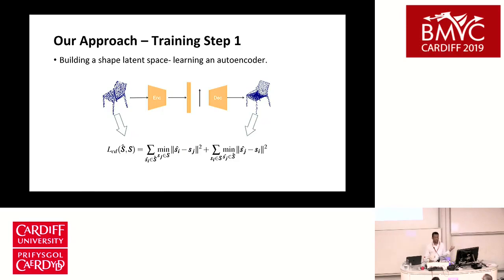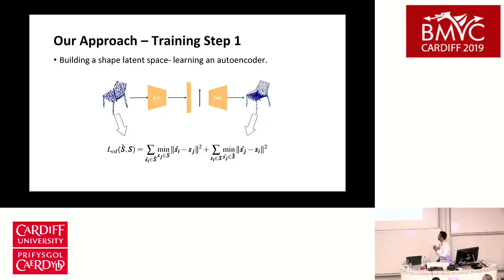It takes 3D point cloud as the input. Encoder encodes it, creates a latent representation for it, which is a small dimensional representation. And then the decoder can act as a generative function which can map any point in the latent space to a 3D structure. And this point cloud autoencoder is trained using chamfer loss in general.